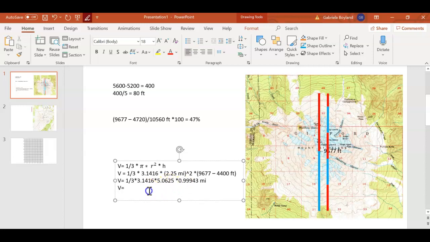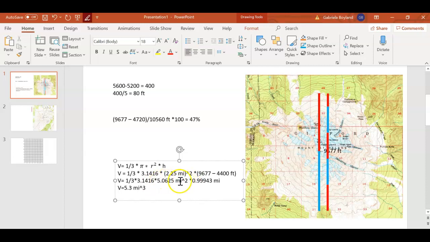So the volume in cubic miles, right, this is miles squared, it's going to be 5.3 miles cubed. Okay, so hopefully that makes sense. Again, remember that units, as you're multiplying them, they're also multiplying one another.